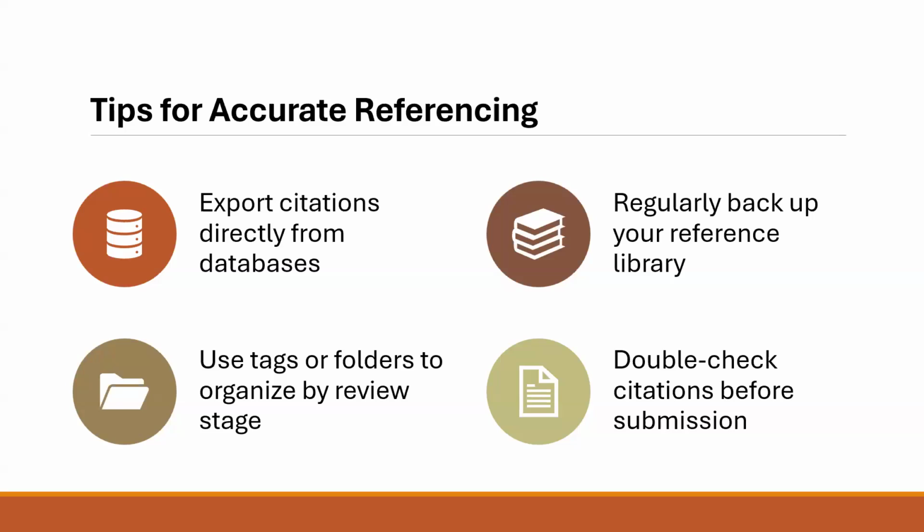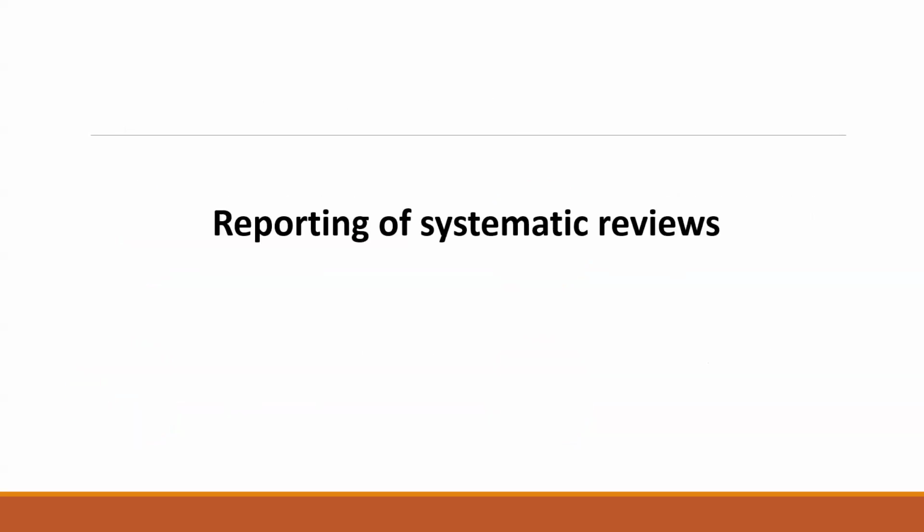So at that time you have to always cross-check with that article whether the year and citation are properly cited. So this is regarding the citation, as well as how you are going to manage your references in your systematic review.